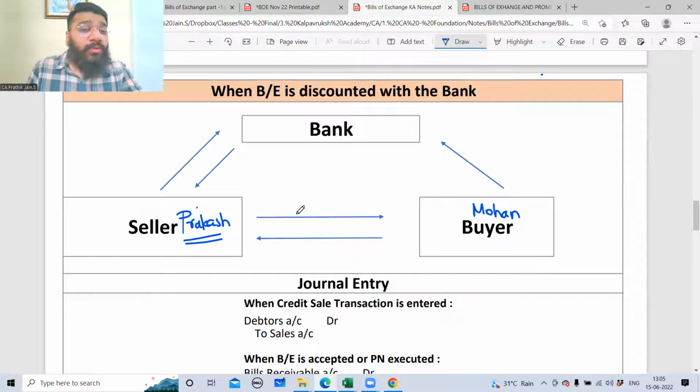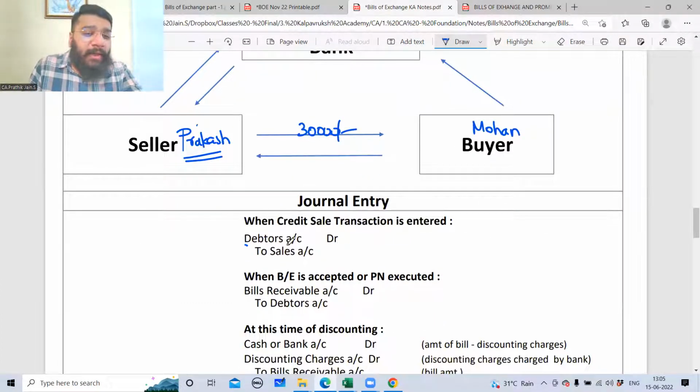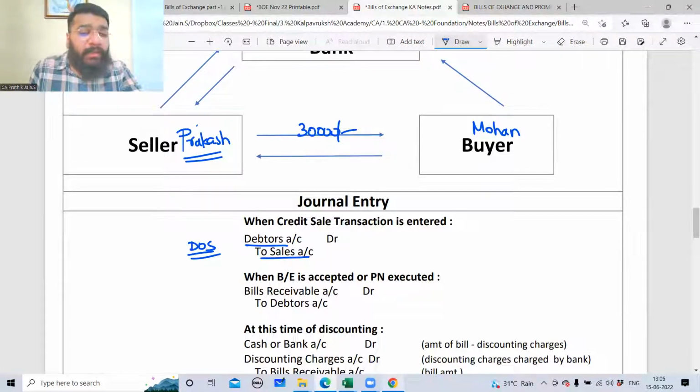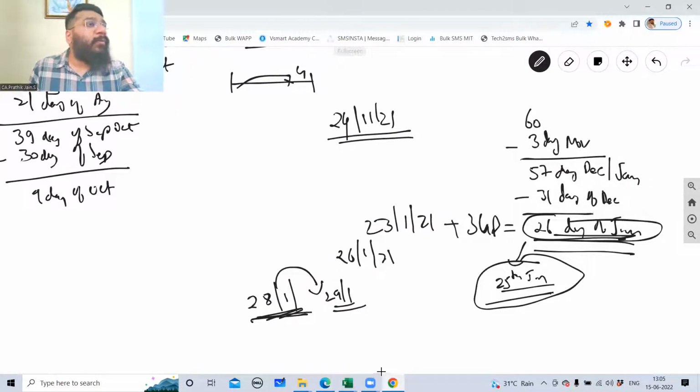So the seller has sold goods worth 30,000. 30,000 worth of goods is sold to the customer. Mohan is a customer. So what is the sale entry? Debtor to sale. This entry will happen on the date of sale, but the date of sale is not given in the question. What happened?